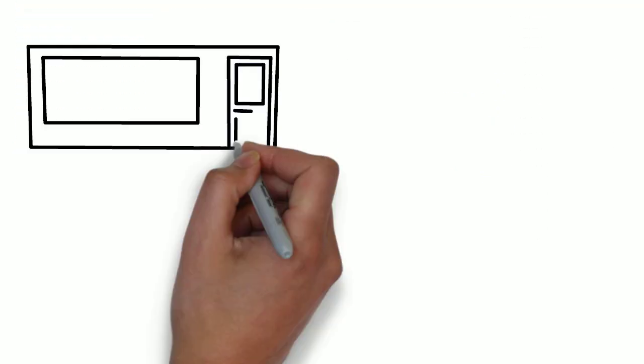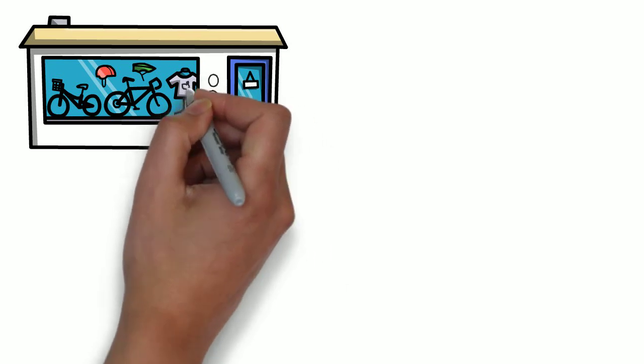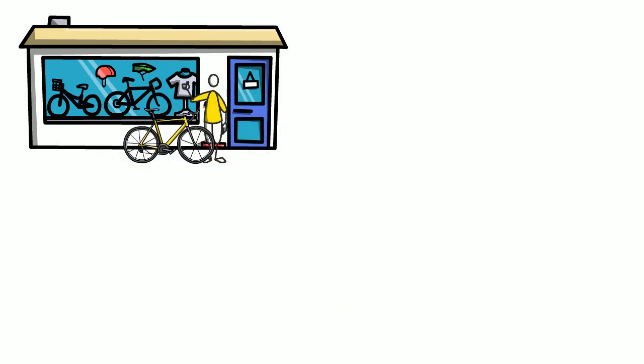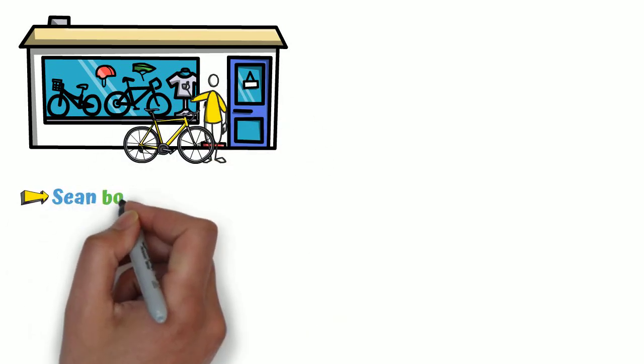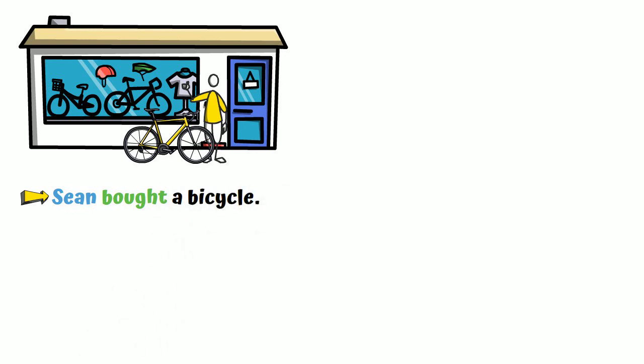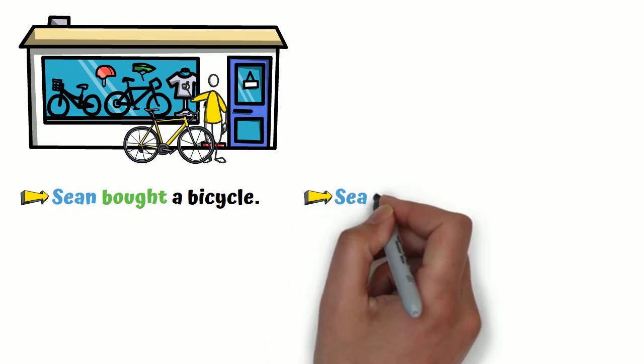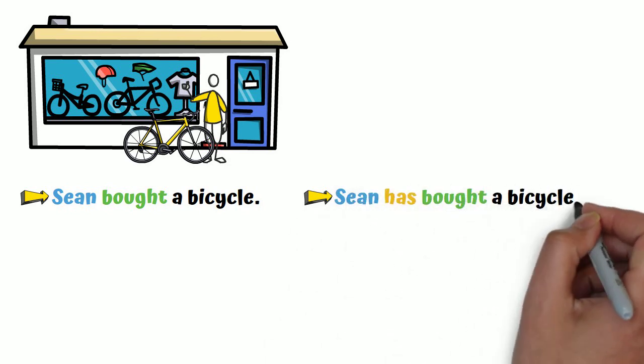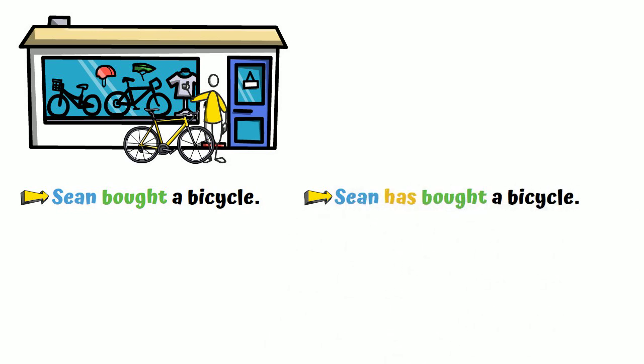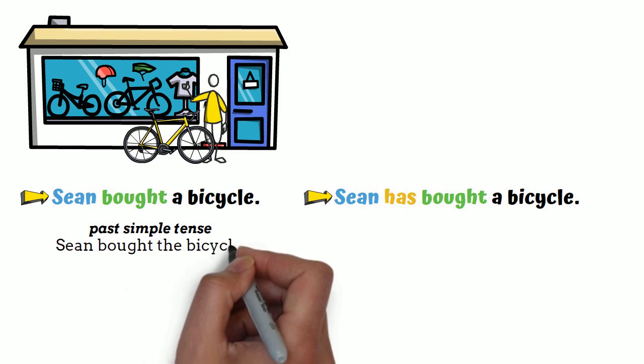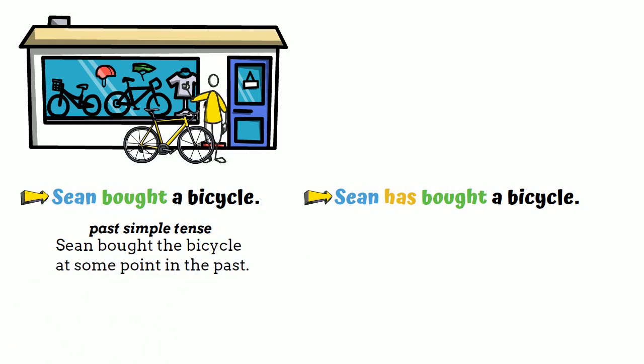Let's see an example. Sean bought a bicycle. And Sean has bought a bicycle. The first sentence, which is using past simple tense, means that Sean bought the bicycle at some point in the past.